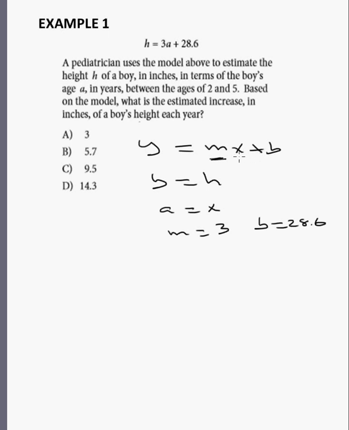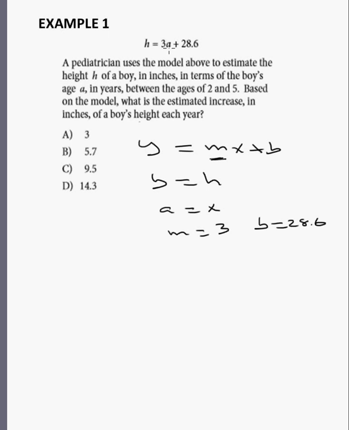So the question here is, based on the model, what is the estimated increase in inches of a boy's height each year? So we know h is the boy's height in inches and a is years. Based on our previous analysis, we understand that the 3 here represents how much h will increase for a unit change in a.